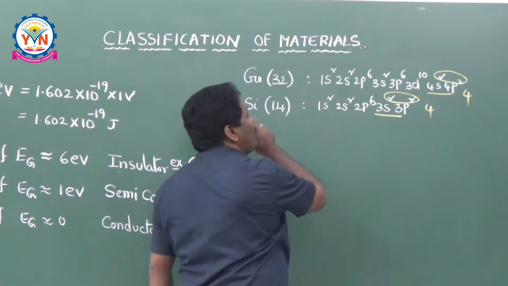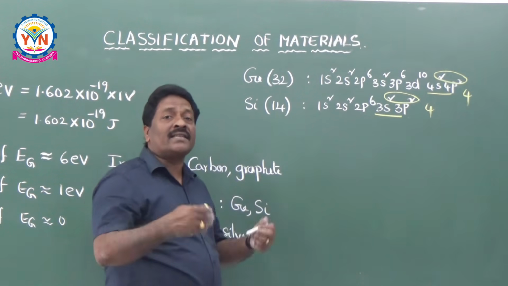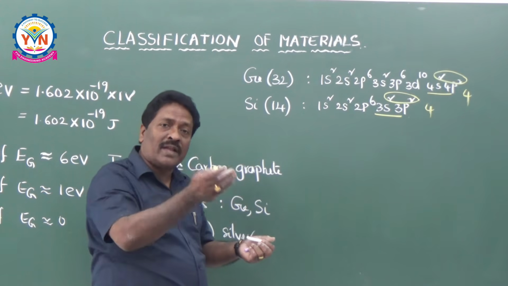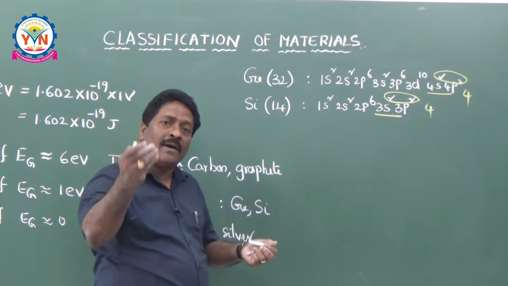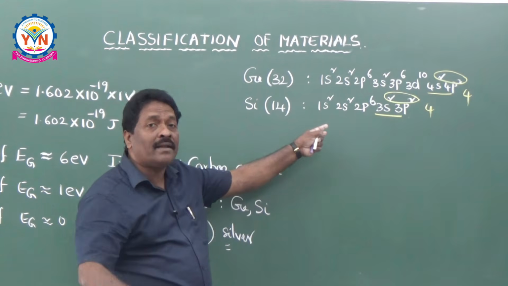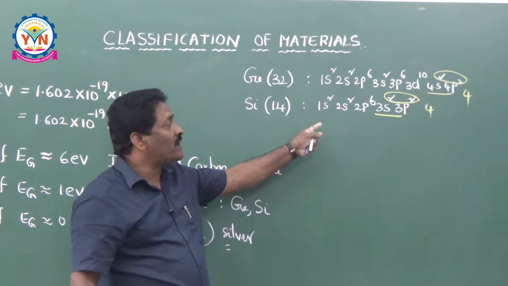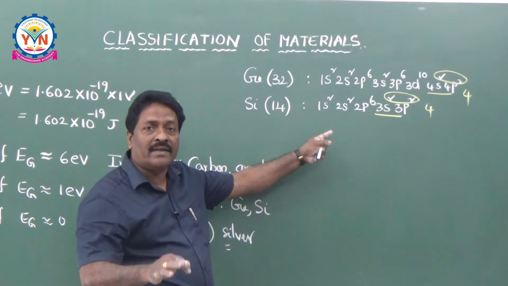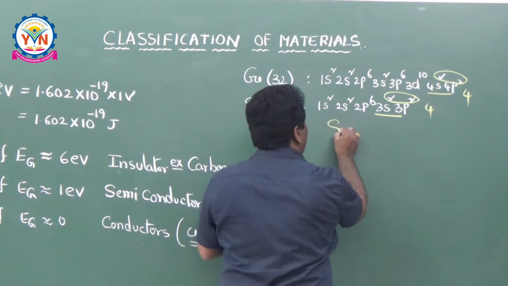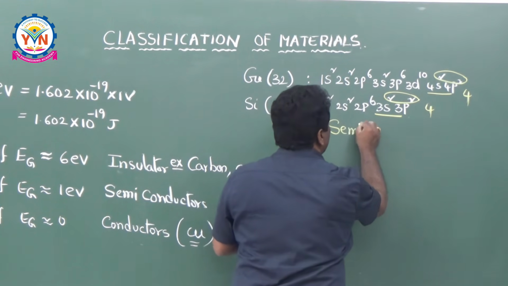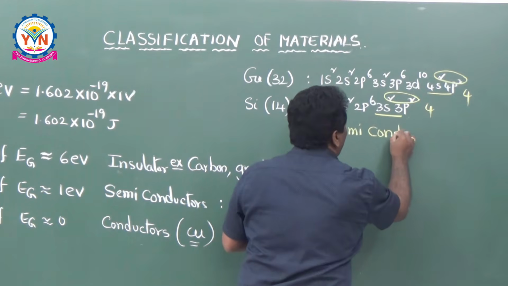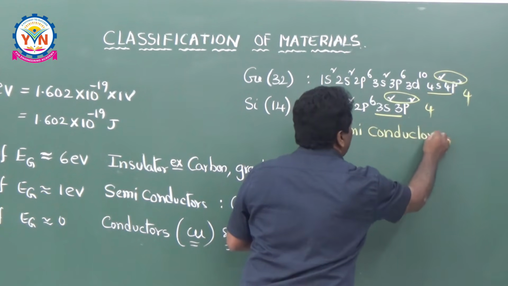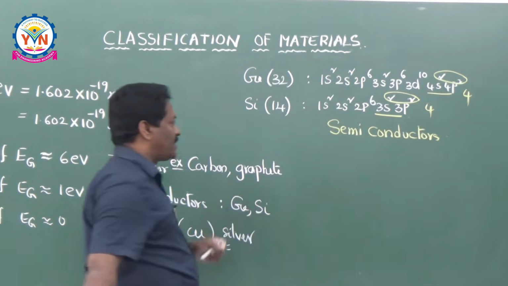If you want stability or an inert structure, your orbit should have 8 electrons. But compared with 8, 4 is exactly half. So it is not a good conductor and not a good insulator. That's why these are called semiconductors. The valence electrons are 4, exactly half of the requirement. That is the reason they are semiconductors.